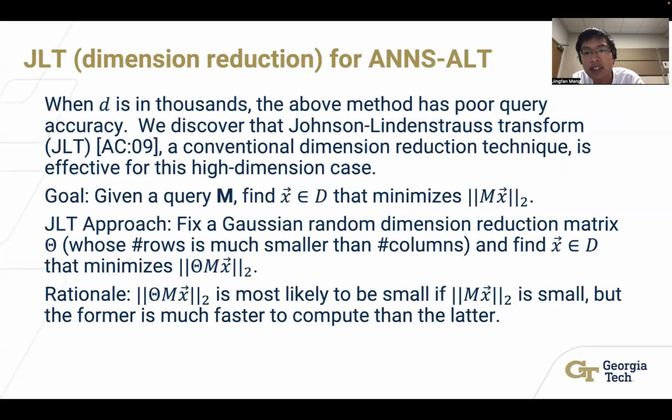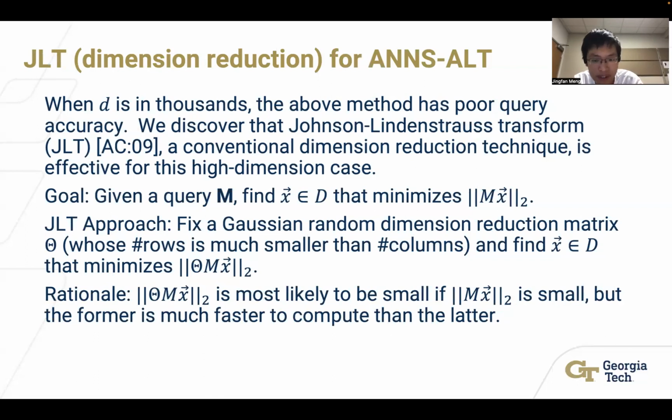The second solution proposed by us is GLT. It works if the D is very high, in the thousands. This is a conventional dimensional reduction technique called the Johnson-Lindenstrauss transform.